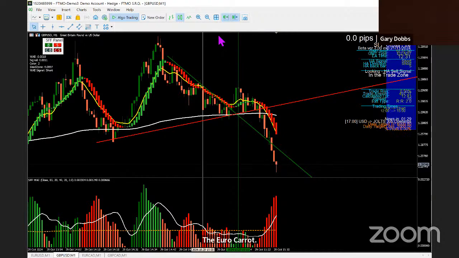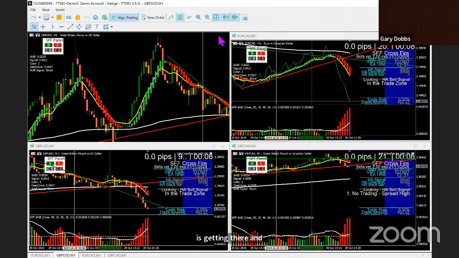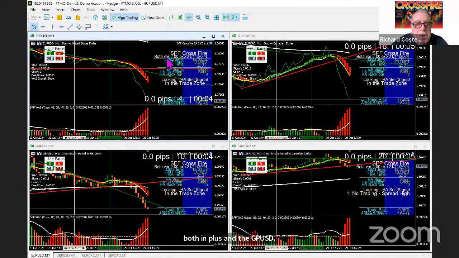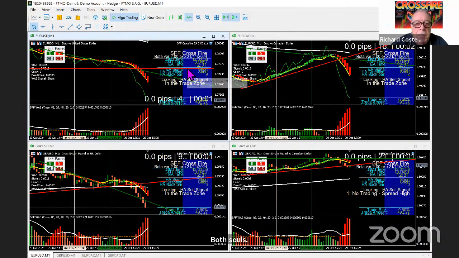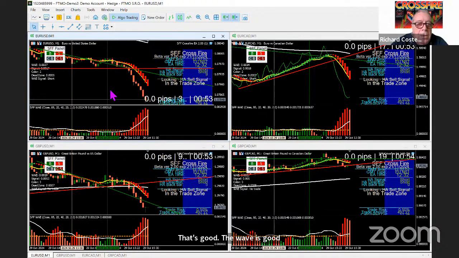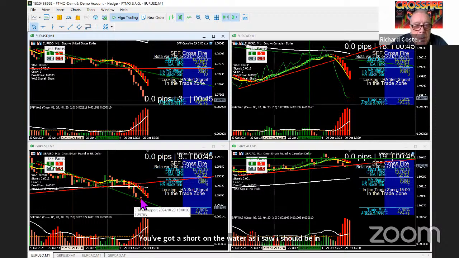They're both in plus, and the GBP USD both sells. Right, Euro USD, and it says looking for a sell. That's good. The wave is good. The candles are good, and we've got a short on the Water Atta, so I should be in that one.